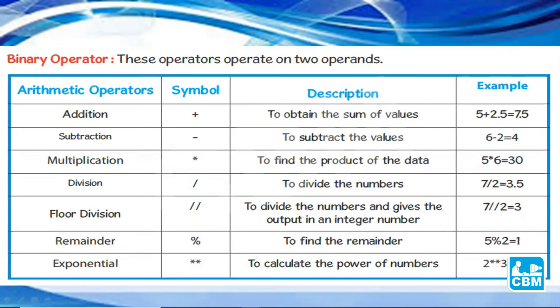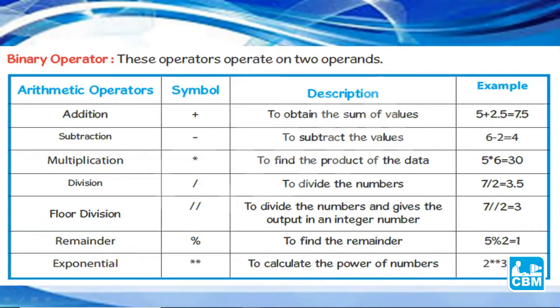Now let's see how the binary operator works. A binary operator works on 2 operands. Binary operators can be addition, subtraction, multiplication, division, floor division, remainder, and exponential. The addition operator can be used to obtain the sum of values, while the subtraction operator is used to subtract the values.